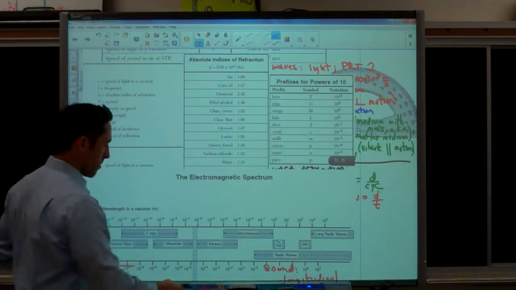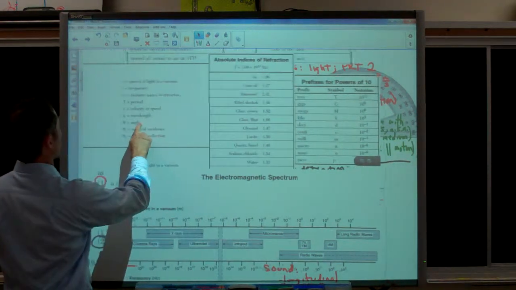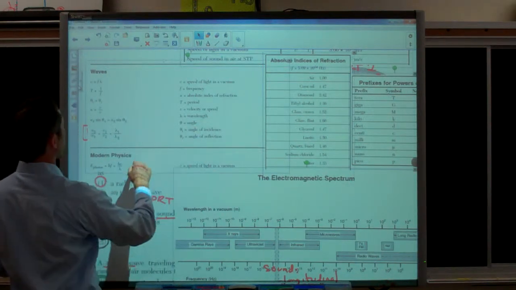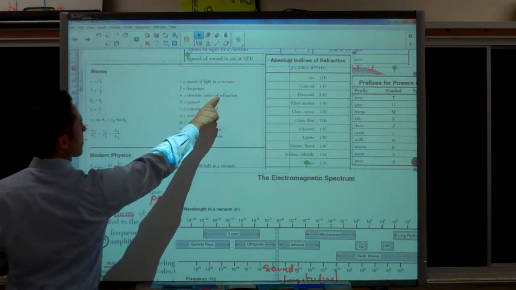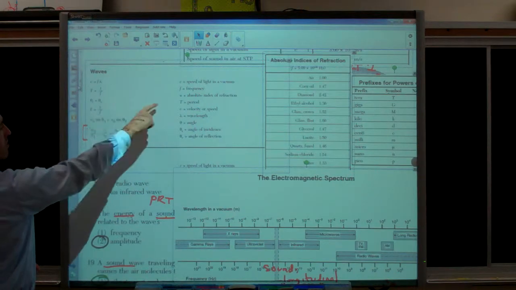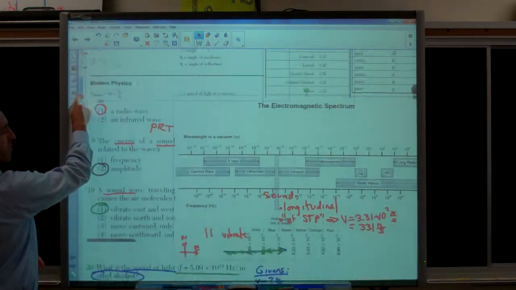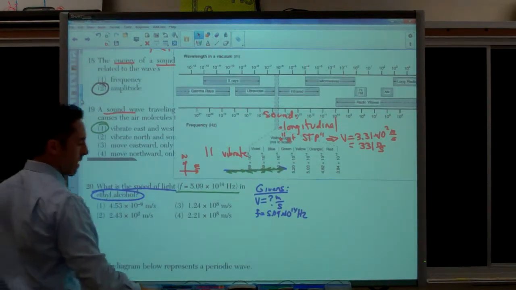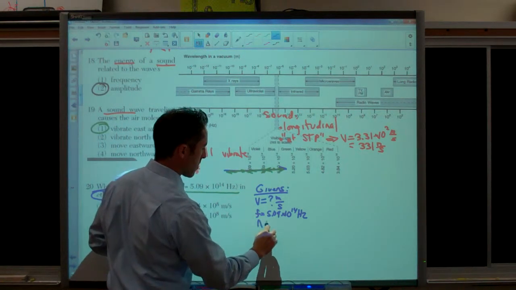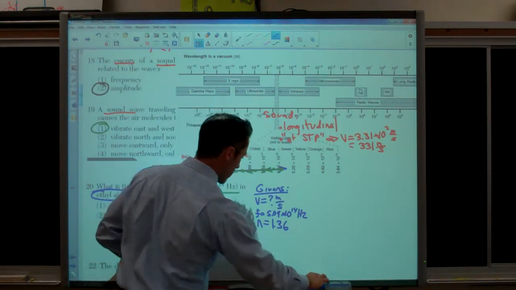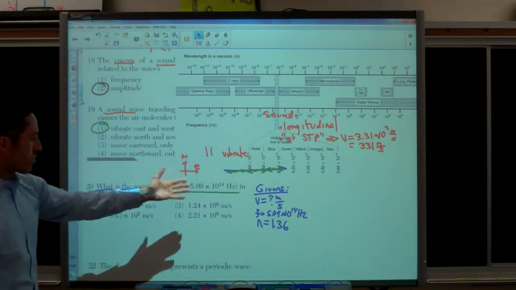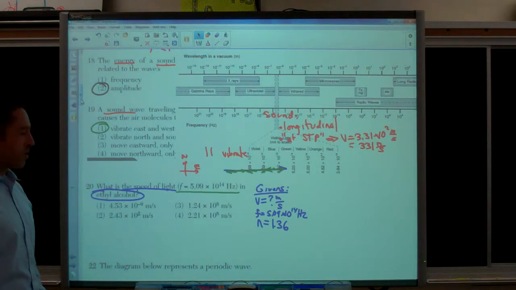And if you look, here we go. Your index of refraction is the letter N. So let's scroll down here. So N equals 1.36.